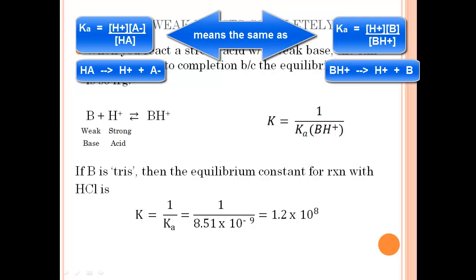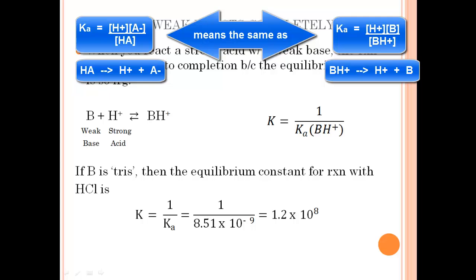The new K is basically 1 over Ka. Why did they not include the other parts? Remember from your original knowledge, Ka would have been B times H+ divided by BH+. What happened to the B and the H+? That should be on the top of this fraction right here, but it's not.